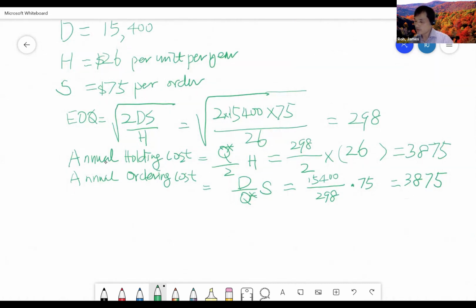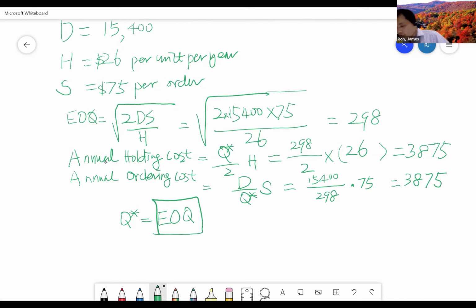Are you good? I'm confused. On the earlier slides, it said annual holding and annual ordering wasn't Q star, but it was just Q for these calculations. Yeah. Now that you know the EOQ, Q star equals EOQ, economic order quantity. That's what it means. So annual holding cost can be anything, right?